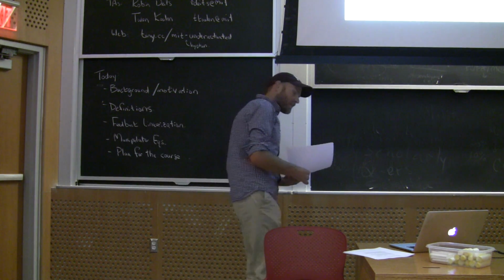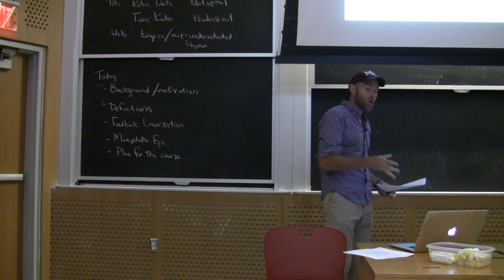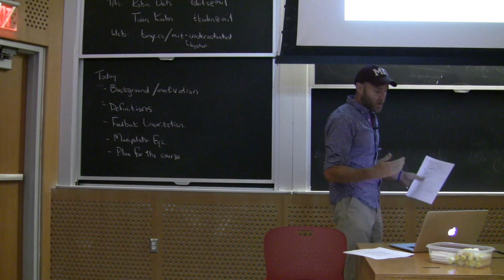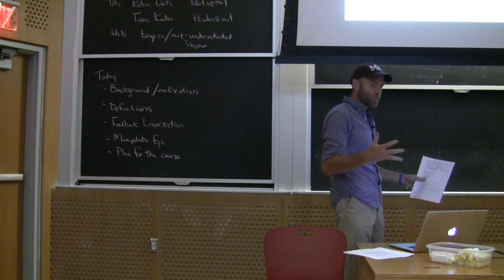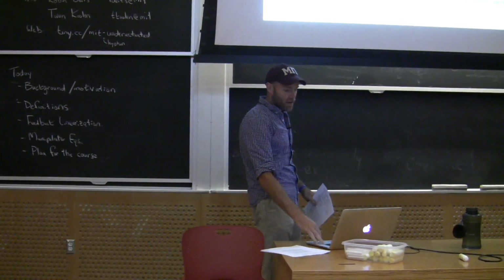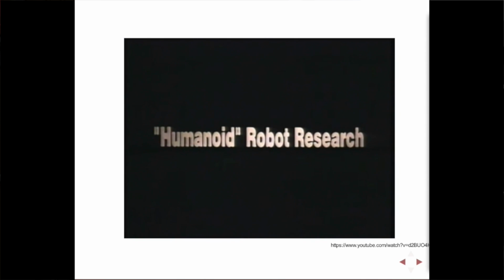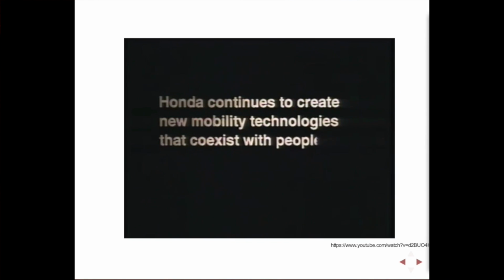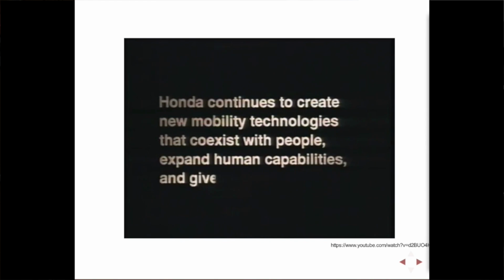When we were working on walking robots at the leg lab, there was this shocking moment in history when, in 1997, Honda told the world, guess what, we've actually been working on walking robots for a pretty long time. It was something like 20 years of research behind the scenes that they'd been doing without telling anybody, and it culminated in this incredible demonstration with, at the time, P2.